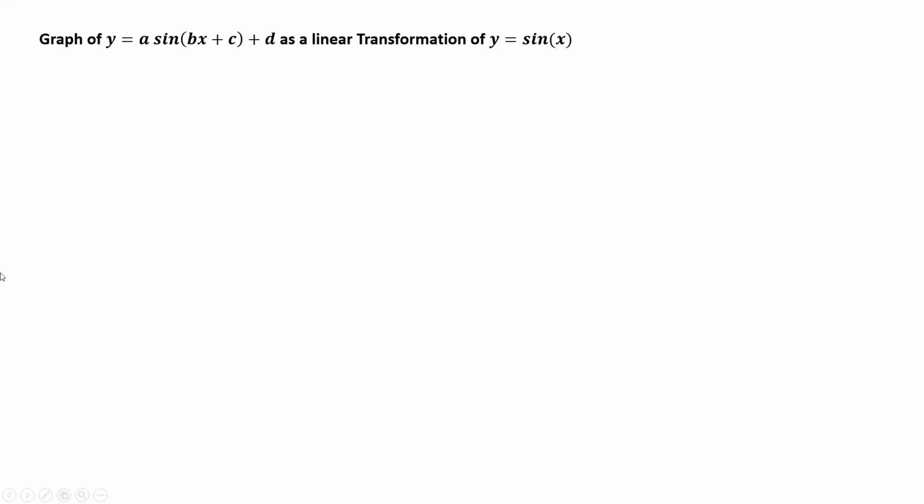Here, my f happens to be sine. We learned how the graph of y equals sine x looks like. Now we are interested in a slightly more complicated one, a linear transformation of it, where we have y equals a sine of bx plus c, and the whole quantity plus d.